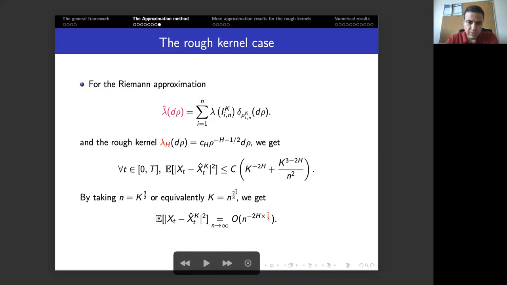With this particular choice, you can see that the strong error between the original stochastic Volterra equation and our approximation SDE system behaves with a rate of order 2/3 times h.